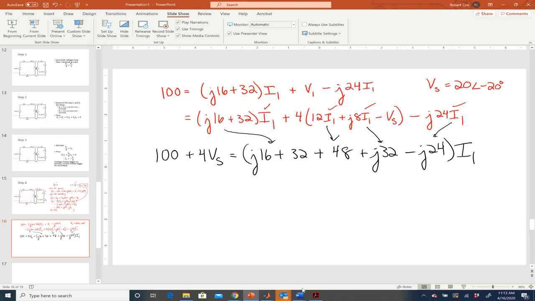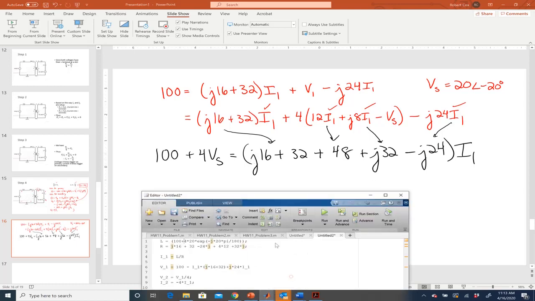So what I did, the way that I set that up here, is I said the left side of the equation is 100 plus 4 times my Vs. Now notice how I wrote Vs. 20 times exponential minus j20 times pi over 180. Because this is in degrees, exponential by default is in radians.